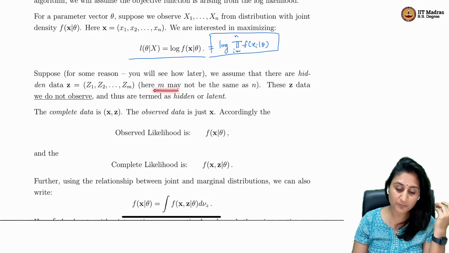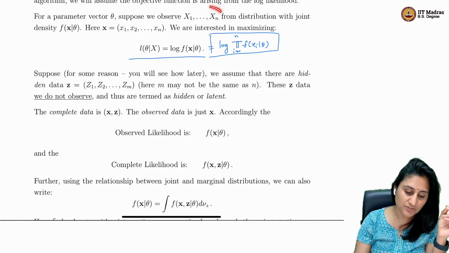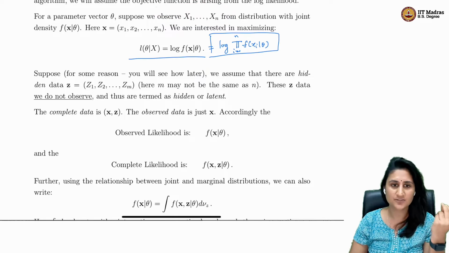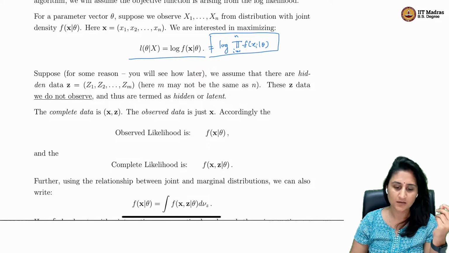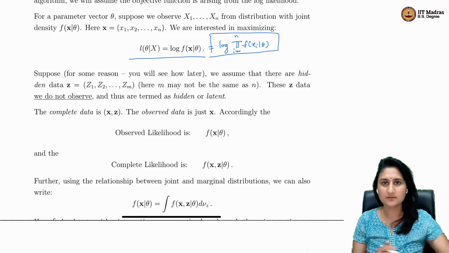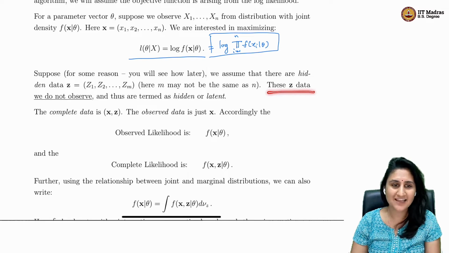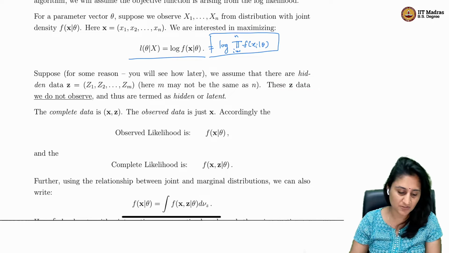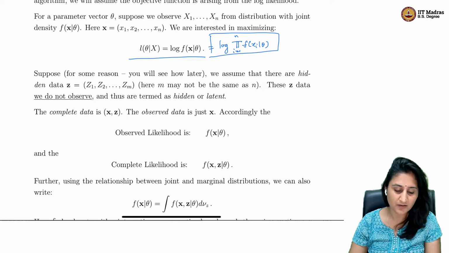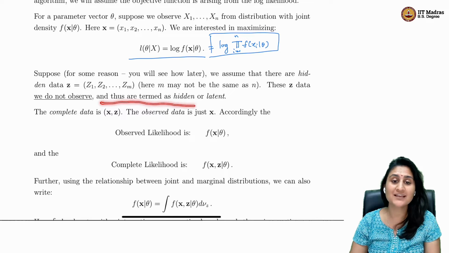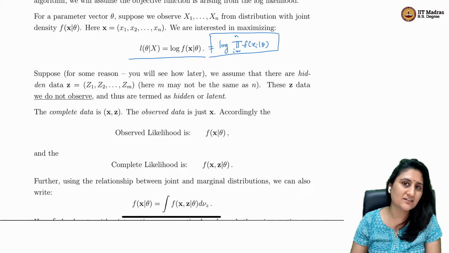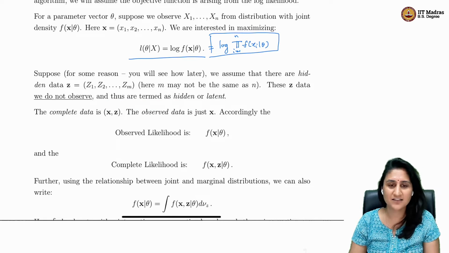Here m may not be the same as n, the original size of the data observed. They may not be, and they might be. These bold z data, these m observations, we actually do not observe, and hence they are termed hidden or latent data.